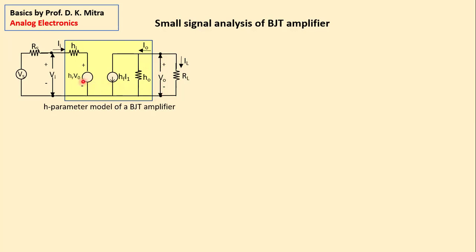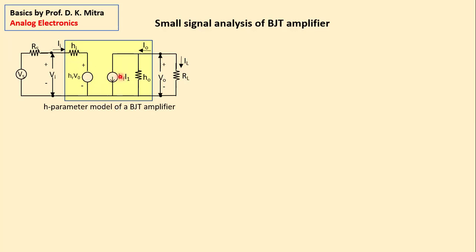This is HR VO, and this is a current generator, or you can say it's a symbol of a current generator. A current flows in this direction to common. The value of this current is a scalar HF multiplied by I1, where I1 is the input current.